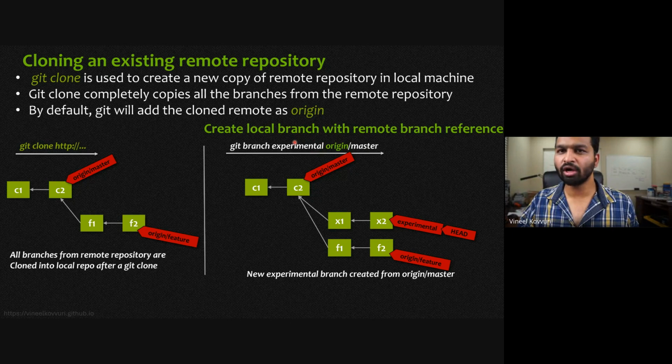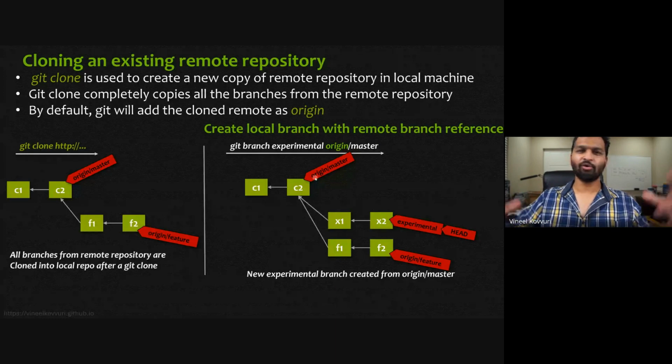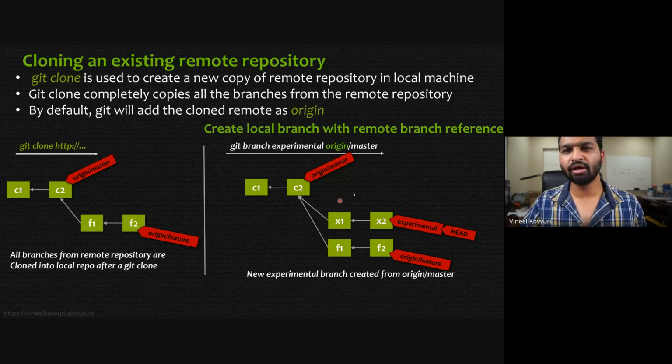You give a local branch name, and then you have to specify from which branch you want to create it. Usually what we do is we create it off of origin/master because I just downloaded the source code. I want to be on top of the latest changes that happened in that source code, and I want to work on top of that. So this is the general workflow that we follow.